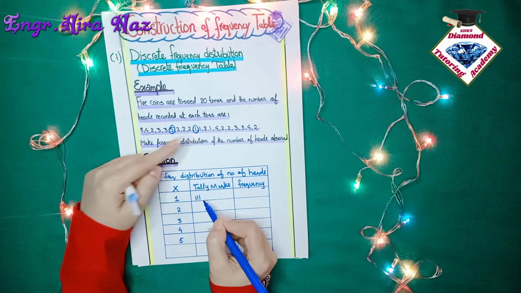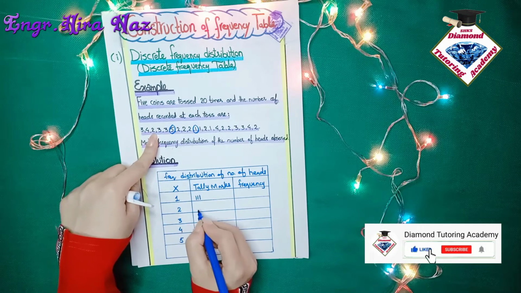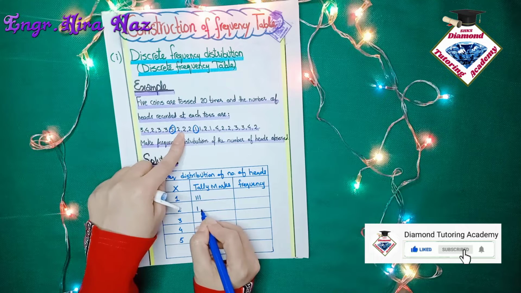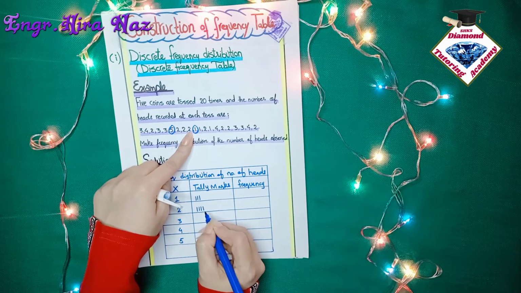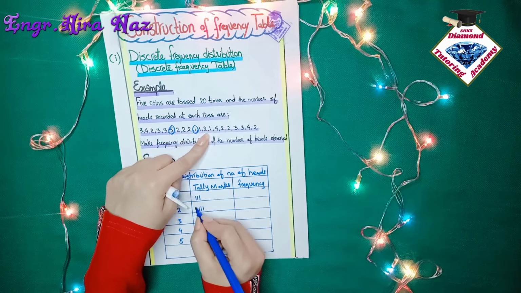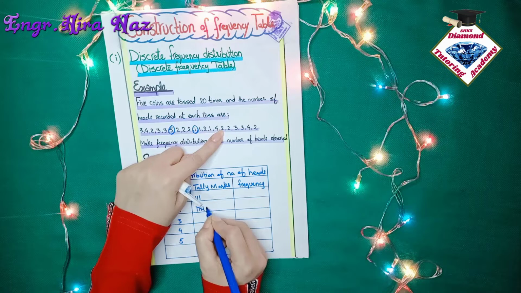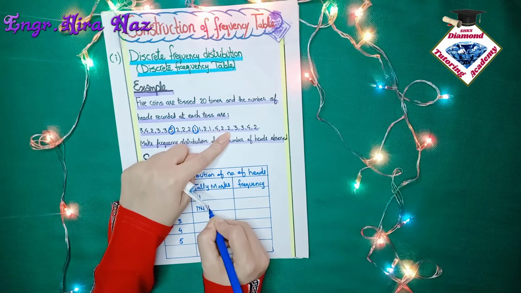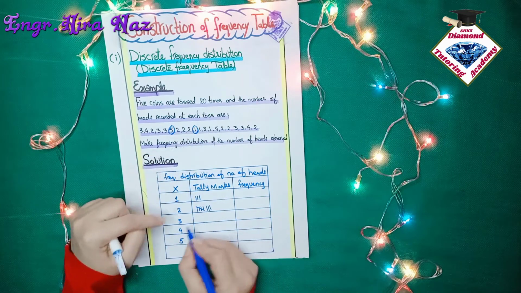Understand? Now then there is a 2. So first time 2 and second time 2, third time 2, fourth time 2, and after fourth, fifth time is denoted by this bar, and then 6 time 2, 7 time 2, and 8 times 2. Understand? Next is 3.